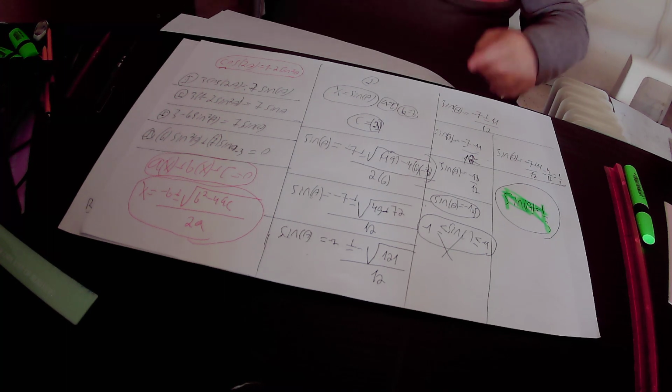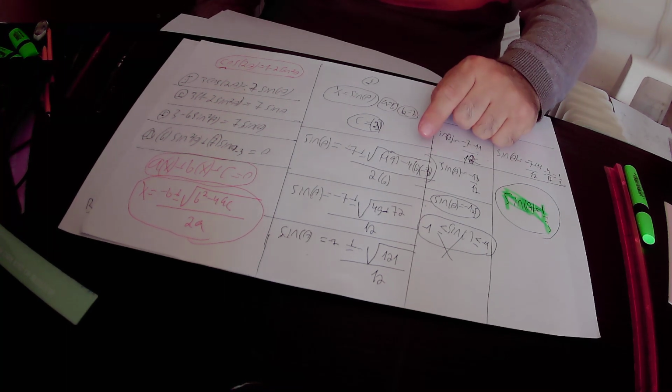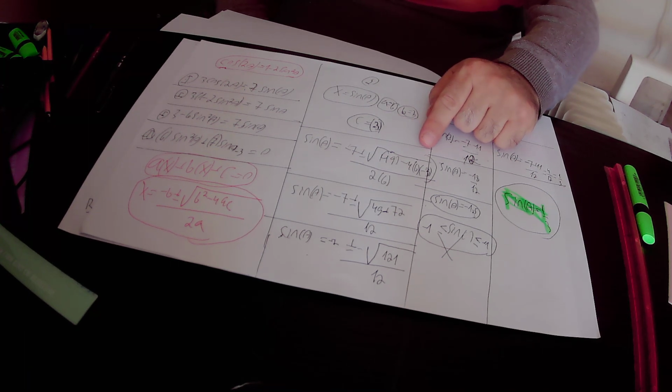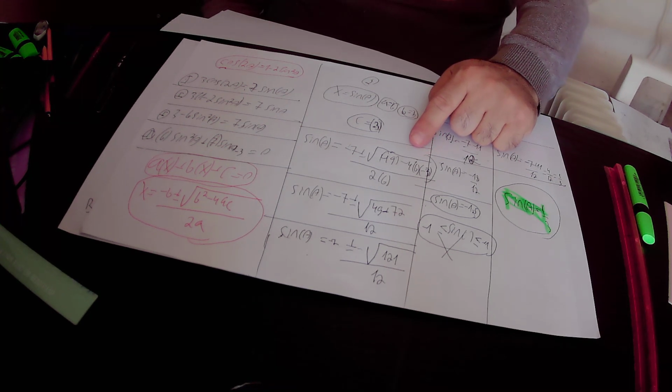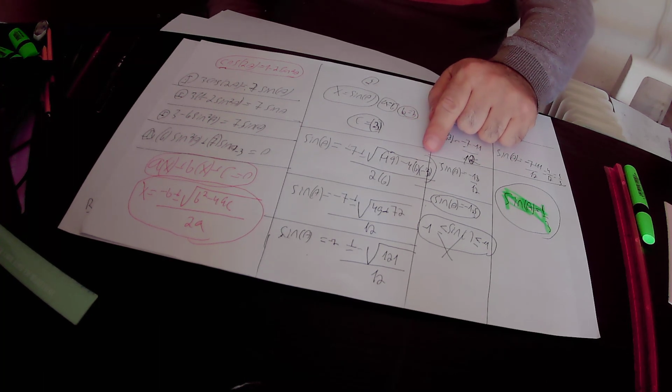So we put the data inside the formula for x and we found that sine theta equals minus b, b equals 7, so minus b is minus 7, plus minus square root of b squared minus 4ac over 2a. So b squared, b is 7, so b squared is 7 squared, which is 49.